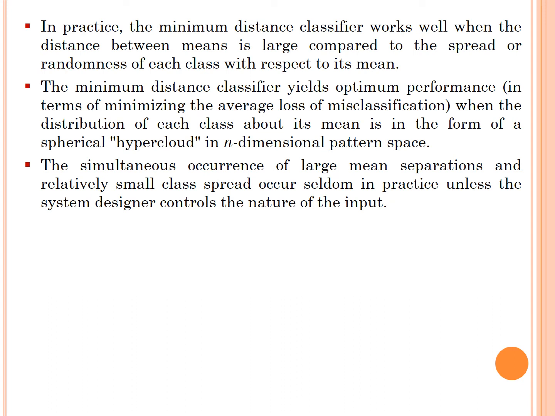In practice, the minimum distance classifier works well when the distance between means is large compared to the spread or randomness of each class with respect to its mean. The minimum distance classifier yields optimum performance in terms of minimizing the average loss of misclassification when the distribution of each class about its mean is in the form of a spherical hypercloud in n-dimensional pattern space.